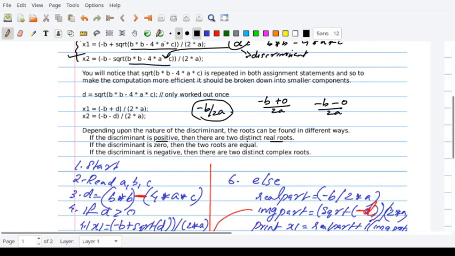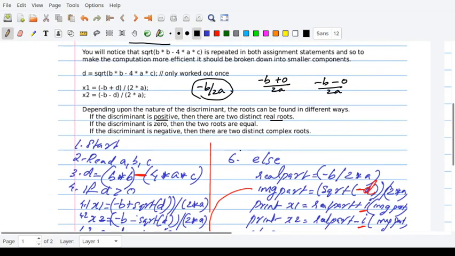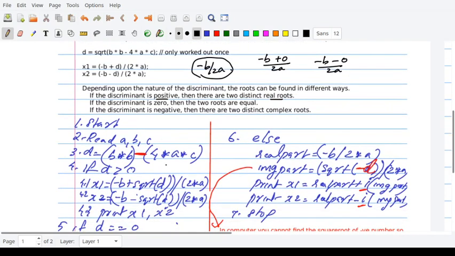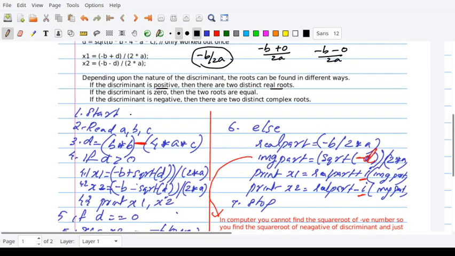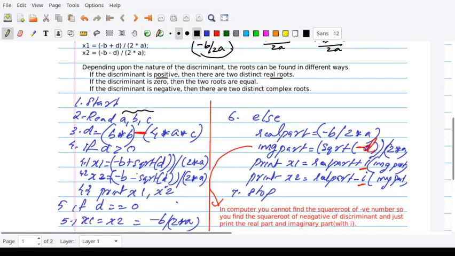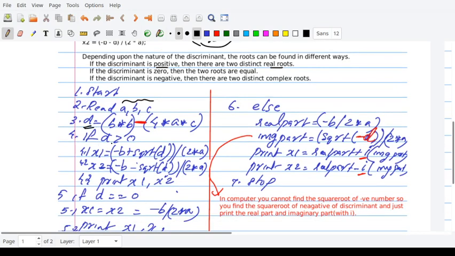So how can we write the algorithm for this? First we have start, then you have to read the three coefficients a, b and c. Then you will calculate the discriminant d is equal to b star b minus 4ac. Then you will check whether the discriminant d is greater than 0.